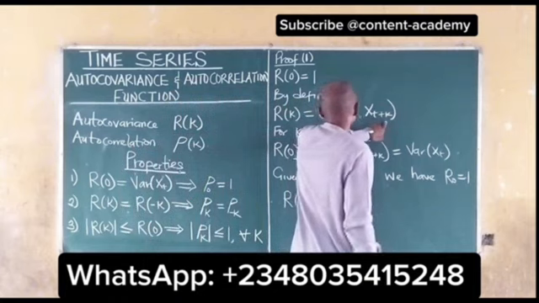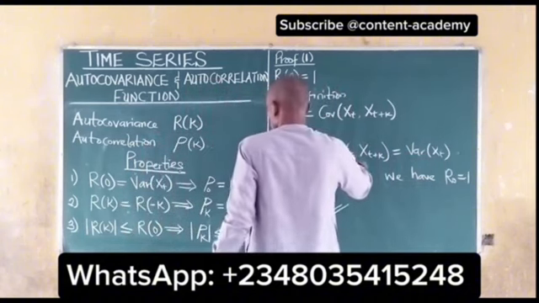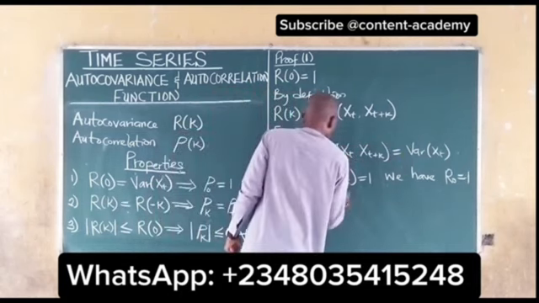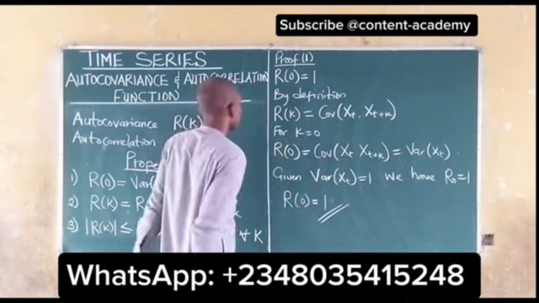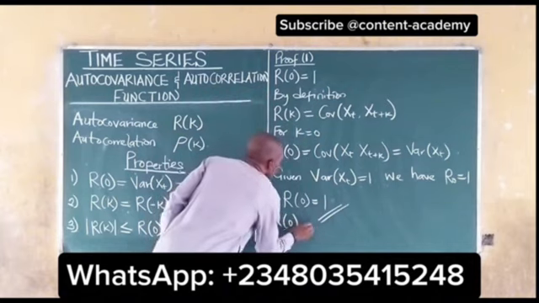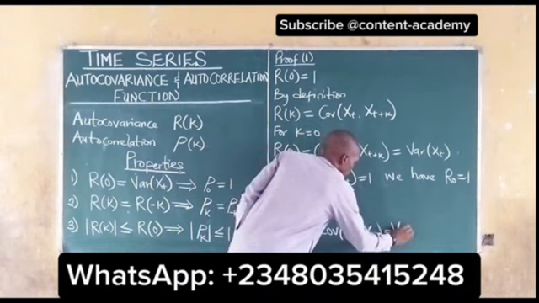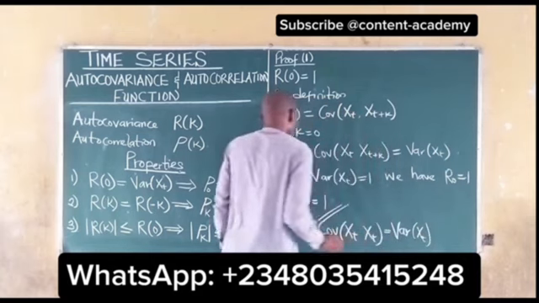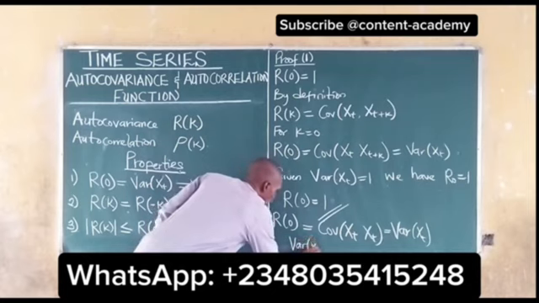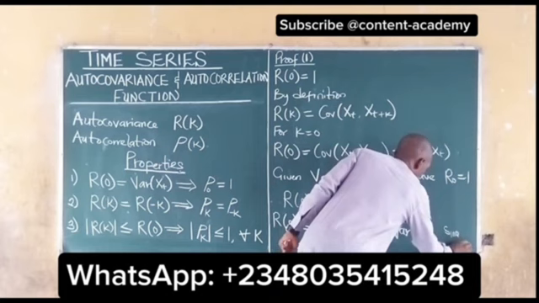Also, we can remove this x_(t+k). Since our variance can be written as this and is equal to this, and our variance is also equal to 1 at k equal to 0, if k is equal to 0, it implies that R_0 is equal to the covariance of x_t, which is equal to the variance of x_t, and the variance of x_t is equal to 1, since k is equal to 0.